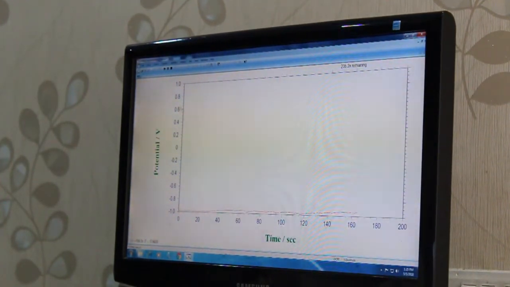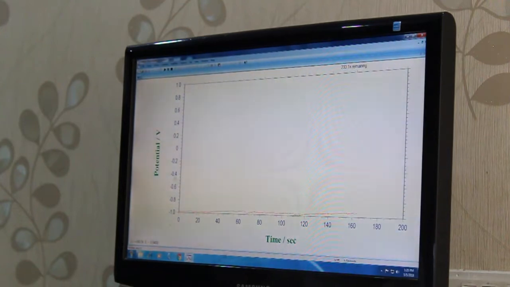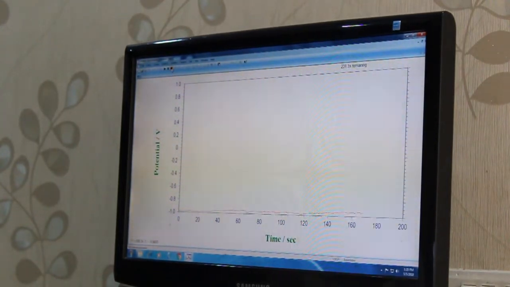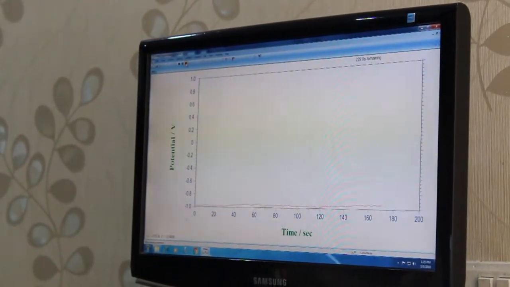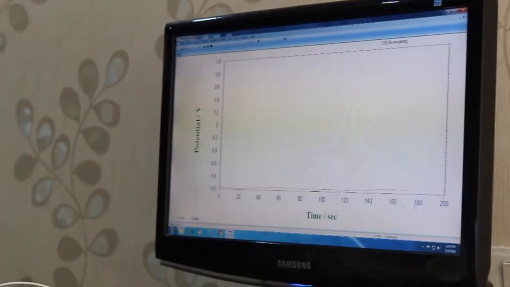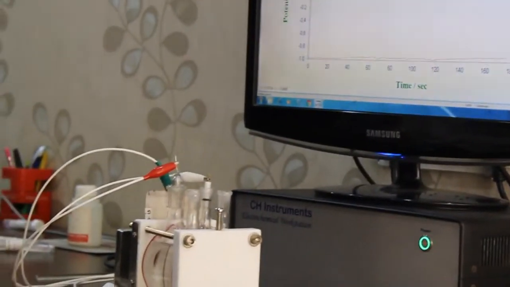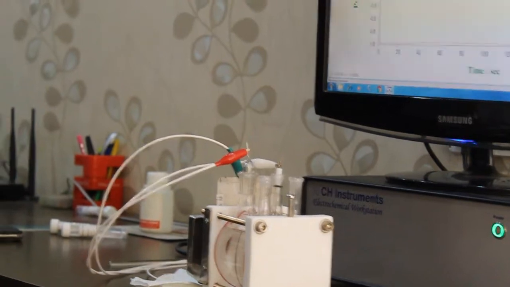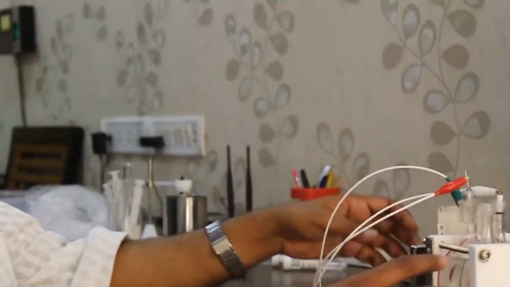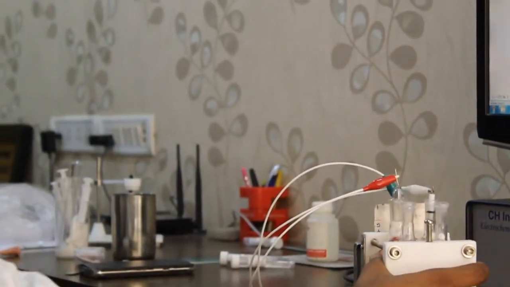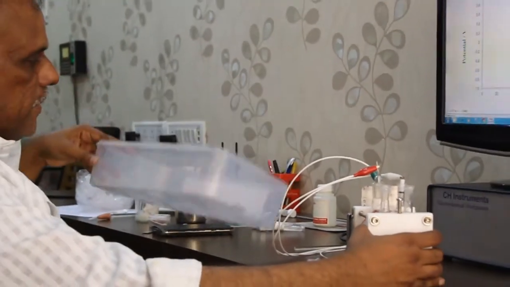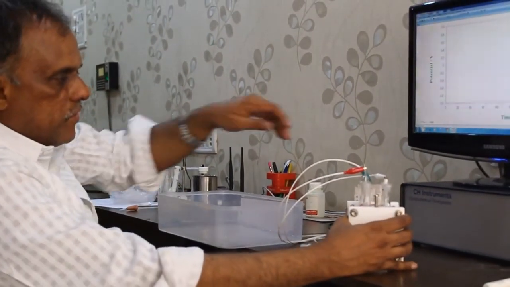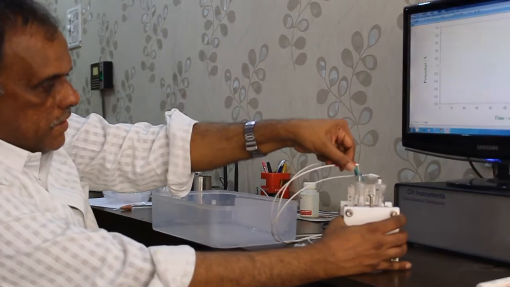So I will stop now, clean the surface and put it back. Let's see what happens. As of now I'm not happy with the OCP results; I need a stable OCP. I want to clean the sample further, so I'm first disconnecting all the electrical connections.